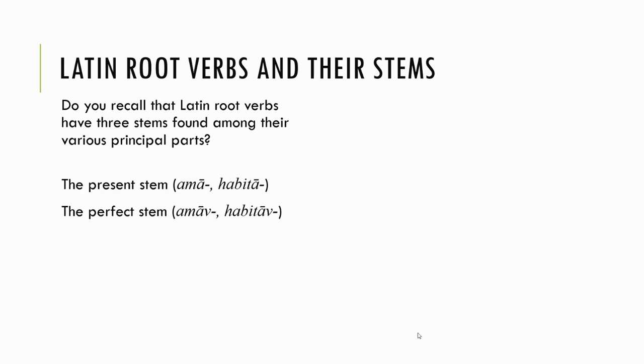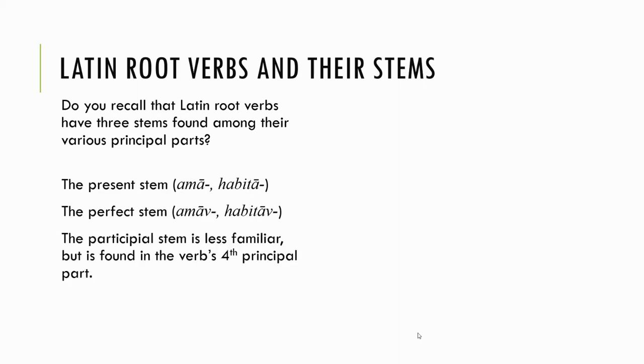Now, I'm going to click through the information on present stems and perfect stems so that we can focus on the participial stem. We have used it less often, as it was only last year that we learned how to make the perfect passive verb systems. But in the participial stem, there is a powerful derivative factory, if you will.